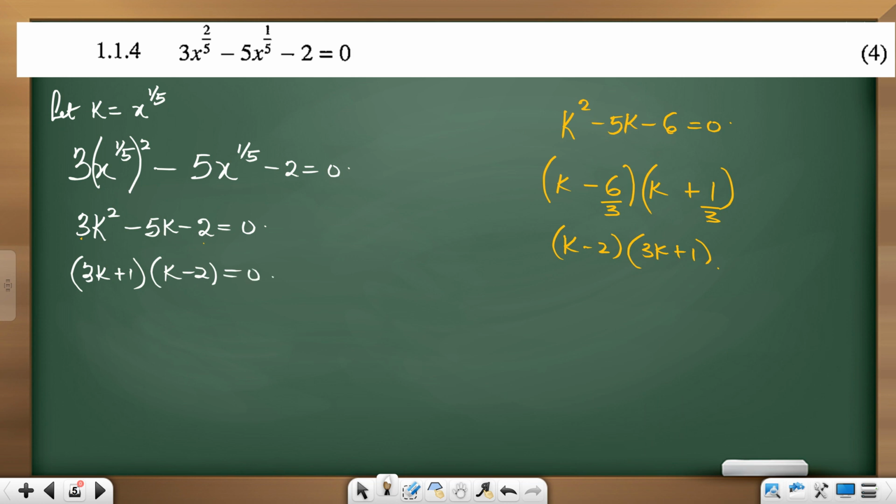So what do we have? 3k equals negative 1, so k equals negative 1 over 3. Or I can just, okay, let's say 3k plus 1 equals 0, or k minus 2 equals 0. But remember, we are not interested in k.